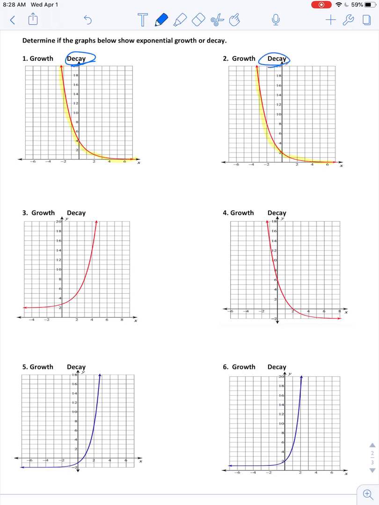All right, left to right, getting smaller, so decay. Same thing here, left to right, getting smaller, decay. But what's happening here? From left to right, I'm getting bigger and bigger and bigger numbers, which must mean that's growth.